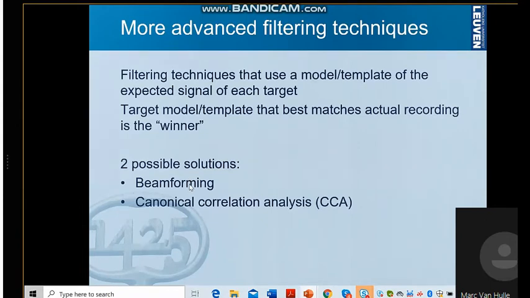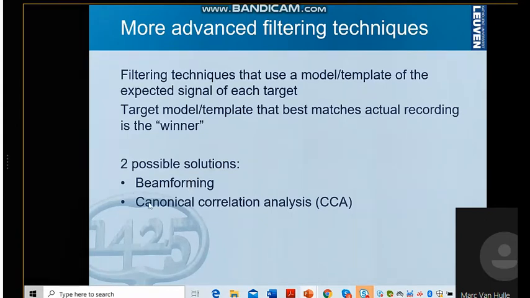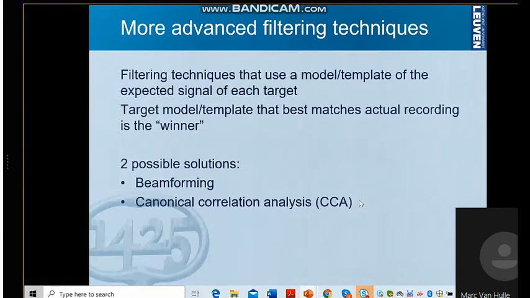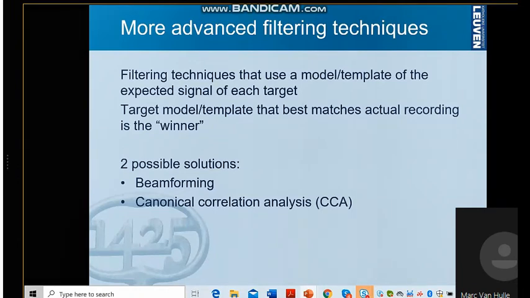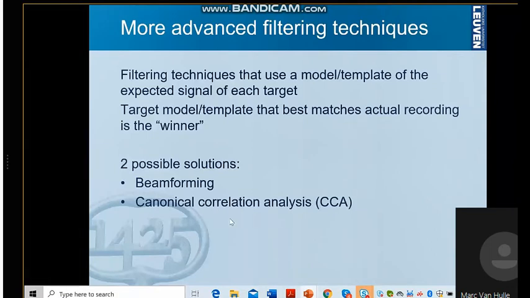These solutions are beamforming and canonical correlation analysis. So CCA is the technique of this kind of SSVEP paradigm. You see it everywhere. There are a lot of extensions being proposed to further improve the algorithm.